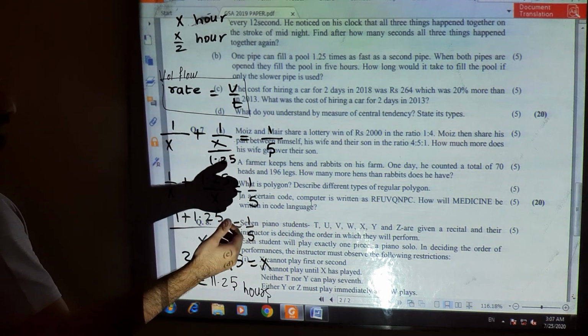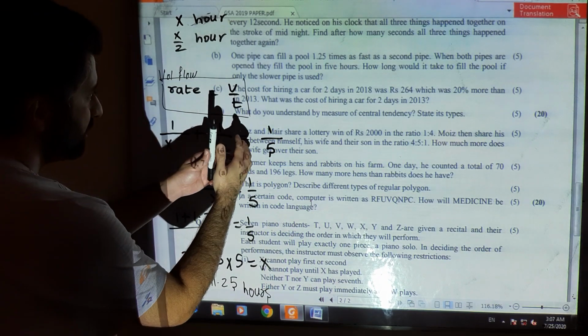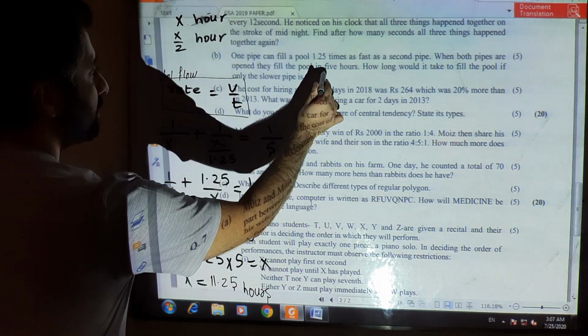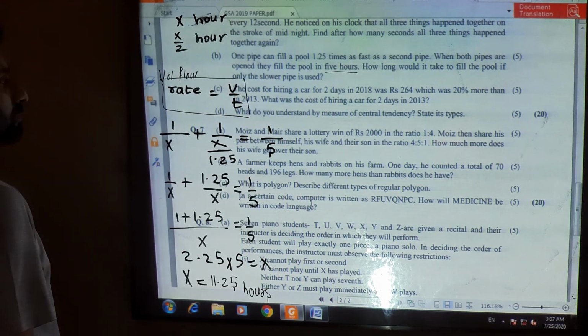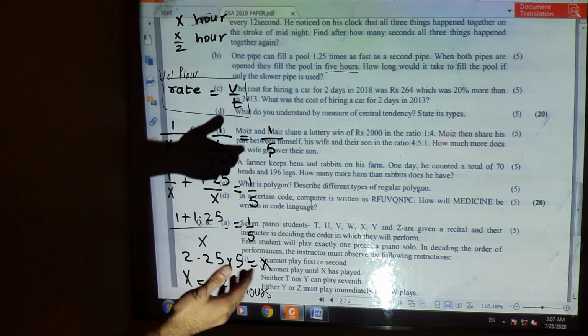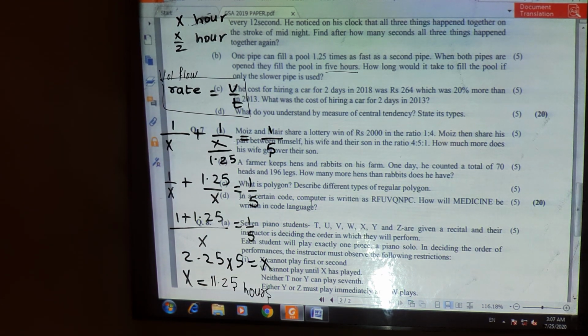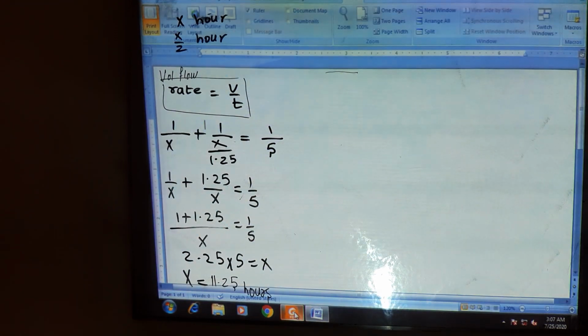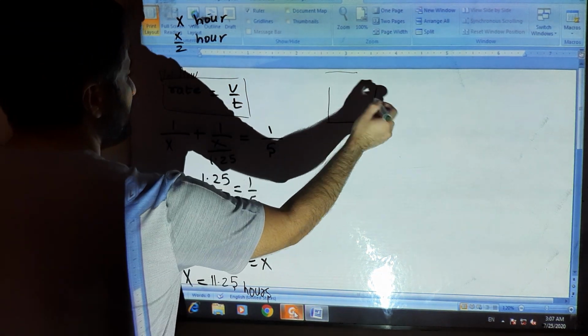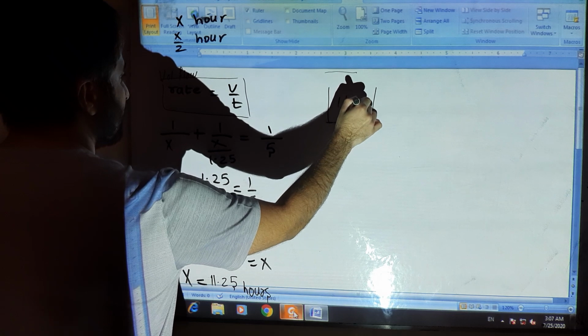Now let us suppose we know that when both pipes are being used, it will take 5 hours. You need to make a supposition here that your volume of tank is, let's suppose, 1 liter.